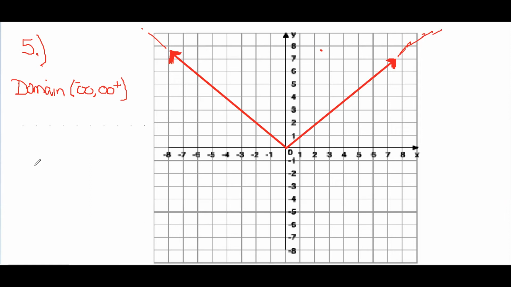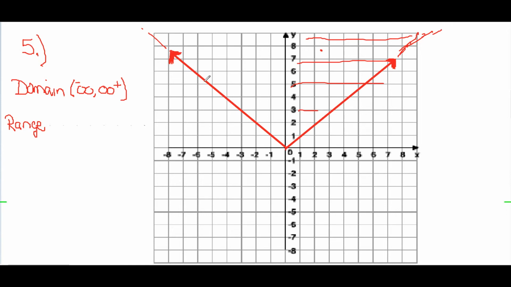Unlike the domain, for the range we're just considering the y values. The lowest y value is going to be 0 at the origin, and then it's going to go to the left and to the right to +infinity as this keeps going up and up and up. You can see it would be true as you keep going further and further north.